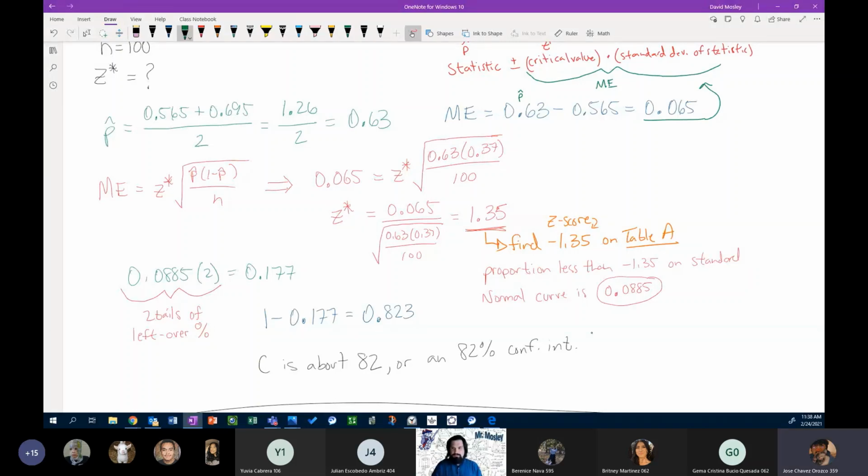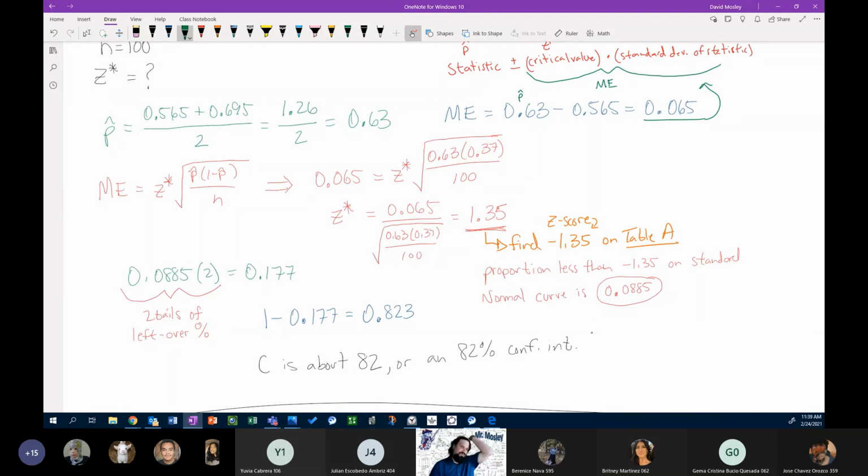Go ahead, Jose. When you get the z-score and then multiply by 2, you're doing that because there are 2 tails, right? Correct. So that's the 0.177. Then you subtract that from 100% or 1, and that gives you the C. Yes, because in this scenario I'm working from an interval back to what percentage of confidence that interval is.